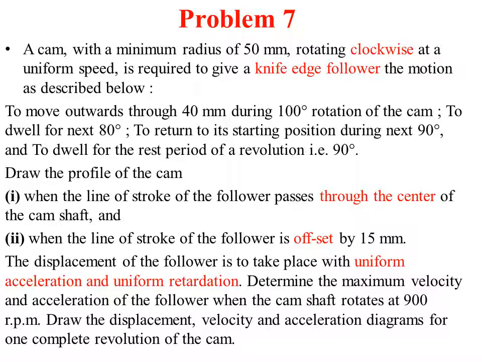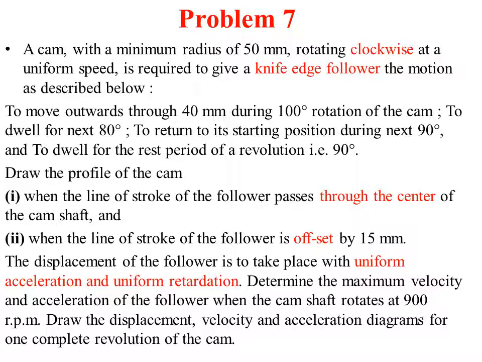Here it can be clearly seen that they have mentioned the offset is 15 mm, but they have not mentioned the direction, whether the offset is on the left side or the right side. So when the direction is not mentioned, we assume that the offset will be on the right side. And they also mention clearly that the displacement of the follower is to take place with uniform acceleration and uniform retardation.